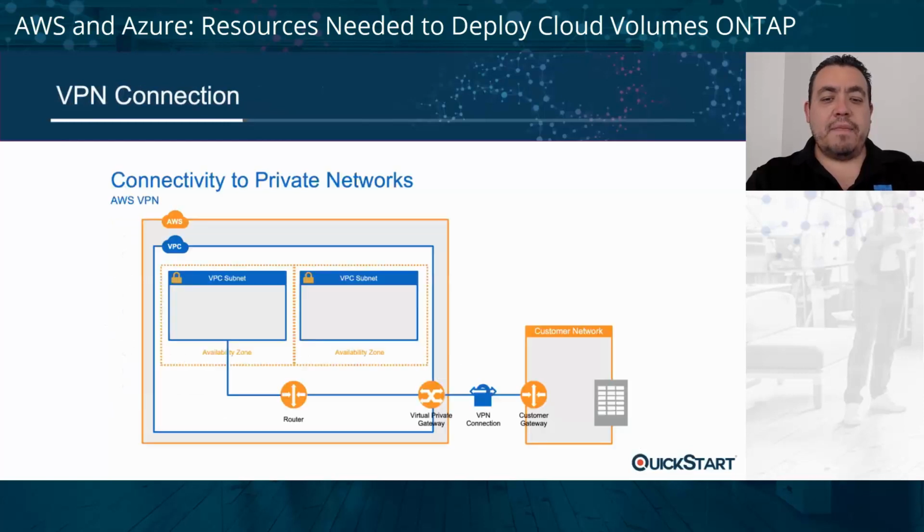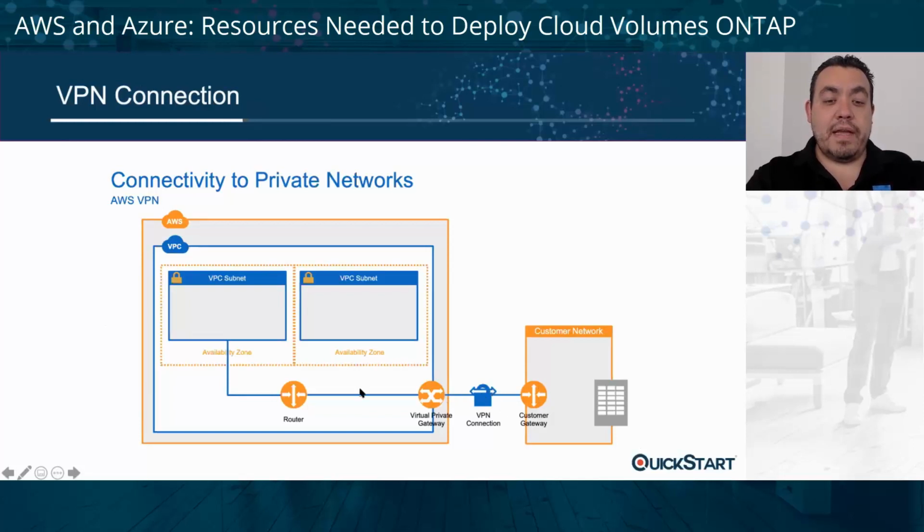Now, let me go forward here. And now let's talk about the VPN connection. As you can see on the screen, we have the virtual private gateway. That's the one that we use for the VPN. And then if you are going to connect your customer network, then you need to have a customer gateway, and then you need to have a VPN connection between both of them.